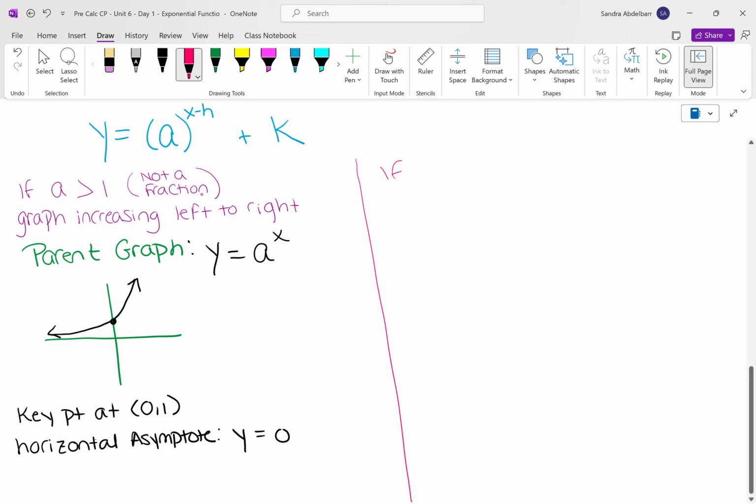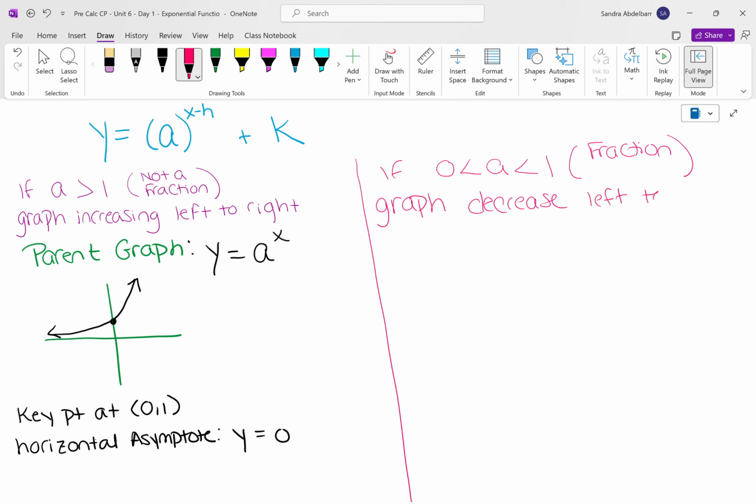Okay, so now let's talk about the other scenario. If a is between 0 and 1, so basically it's a fraction, the graph will decrease left to right.